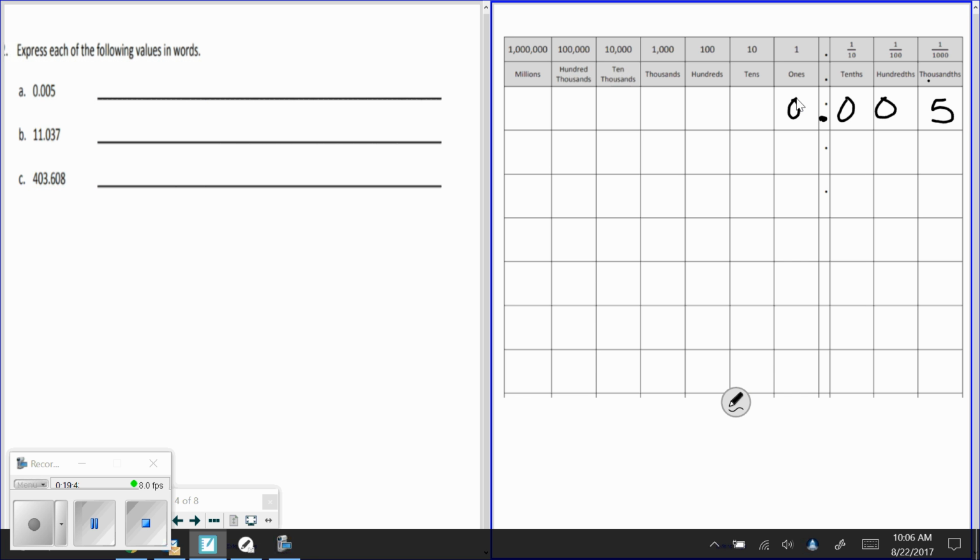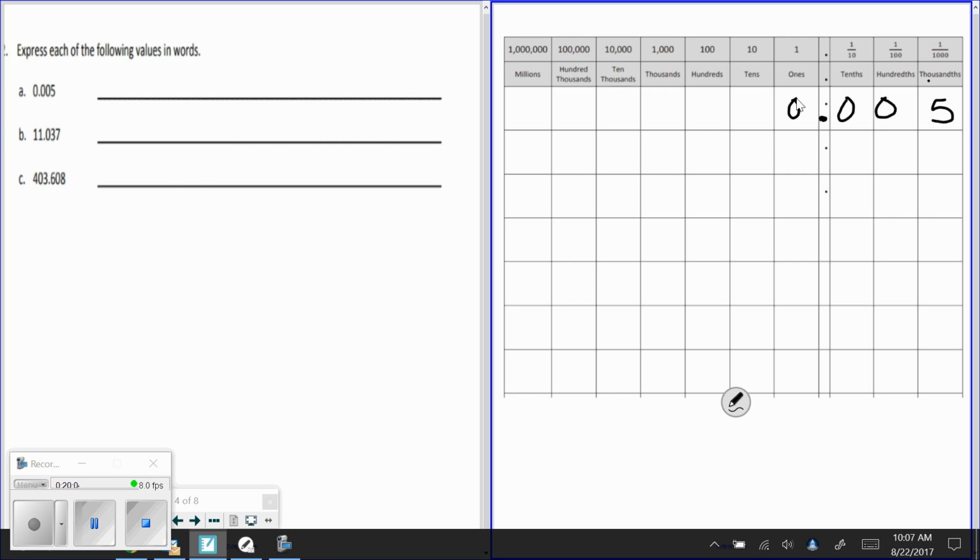The place value chart makes it really easy, because you might be trying to go, okay, is it tenths? Is it hundredths? What is it? If you write it on the place value chart, all you have to do is look over and look up and see where it is. You don't have to try to remember anything.